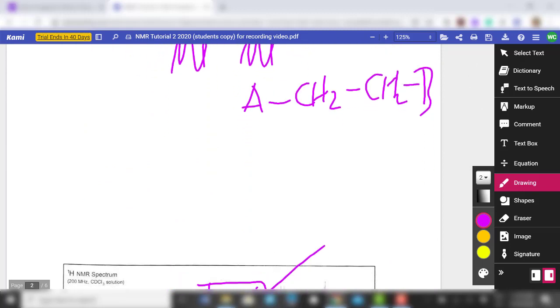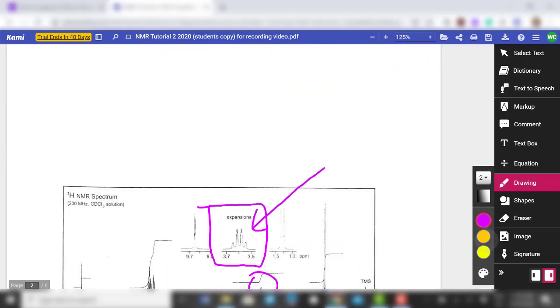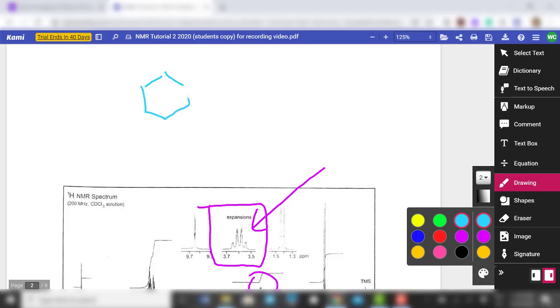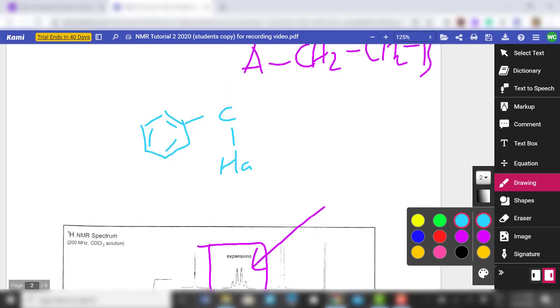Let me just redraw the structure here to make it a bit easier. If we look at our structure, I have a phenyl ring, and I have an H here. Let's call it HA. Then I have an aldehyde with an H, maybe I call this HB.